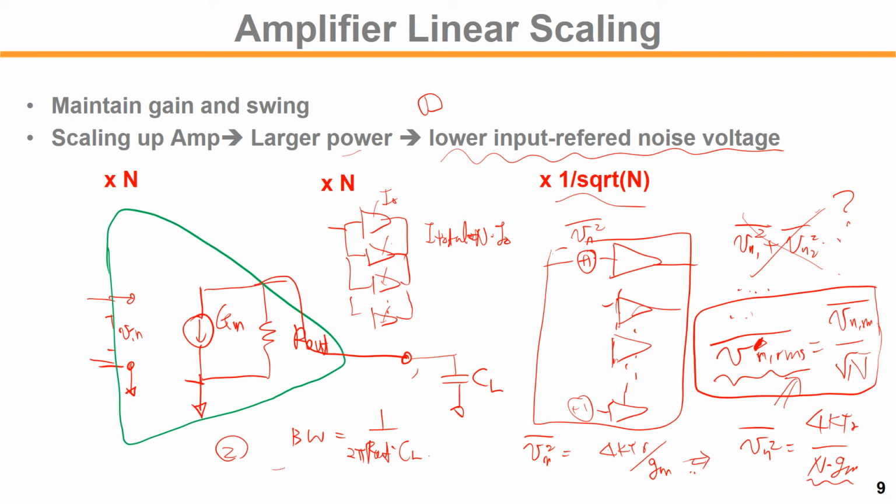So Rout will go down, which means bandwidth goes up. So this is by scaling. Okay.